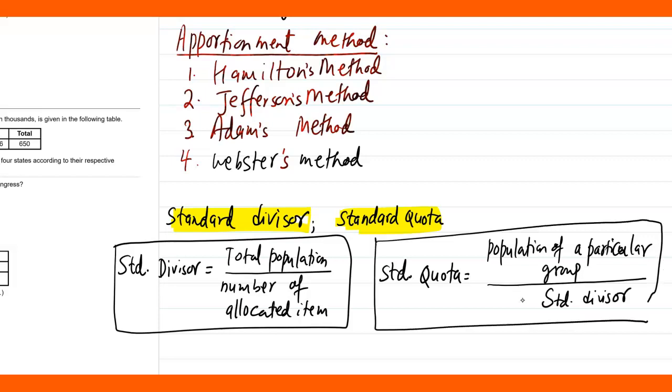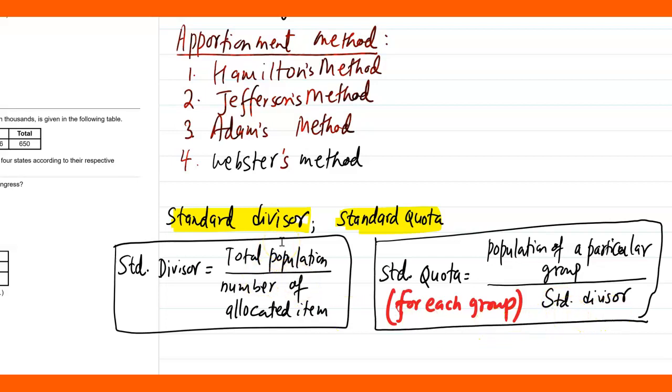Standard quota can be obtained for each group. First question in the homework is how do you find the standard divisor and how do you find the standard quota for each group. Whatever the number of groups, you have to find the standard quota for each group by using this formula: the population of the particular group divided by the standard divisor, which we found before.